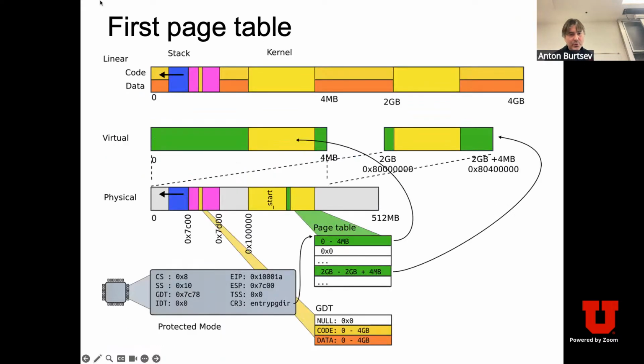If you're about to enable page tables, no magic happens. Your instruction pointer is somewhere here, literally speaking, because the instruction pointer is the subject of segmentation, so segmentation doesn't change it.